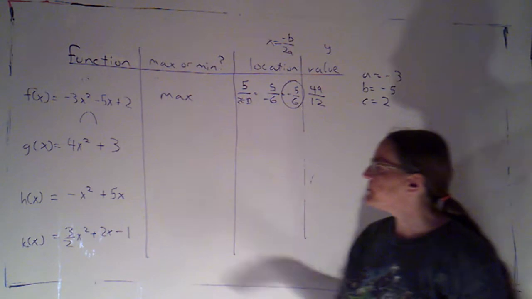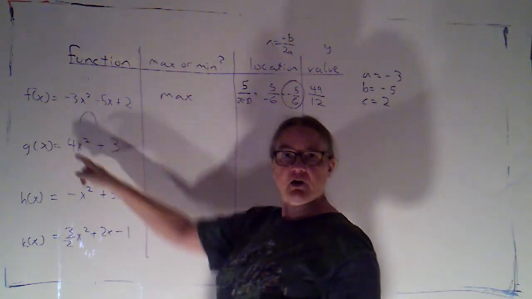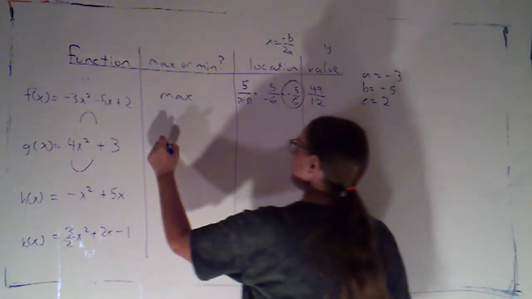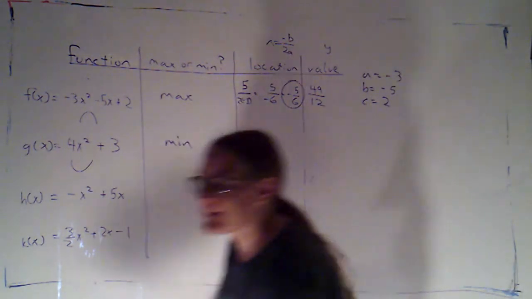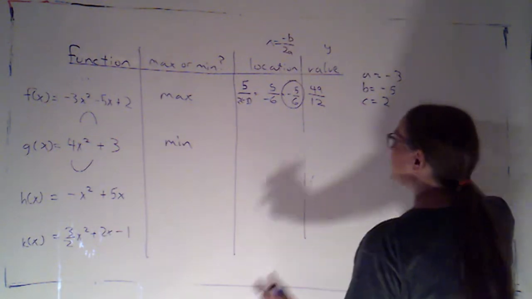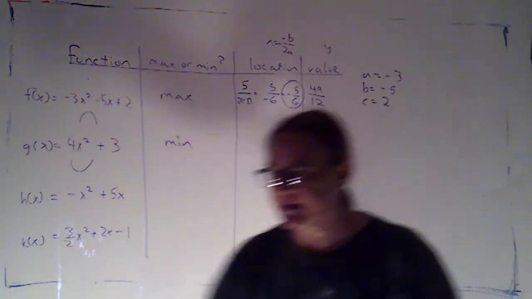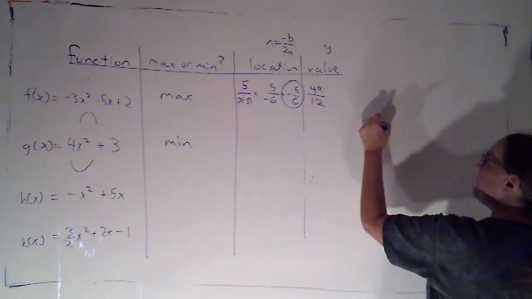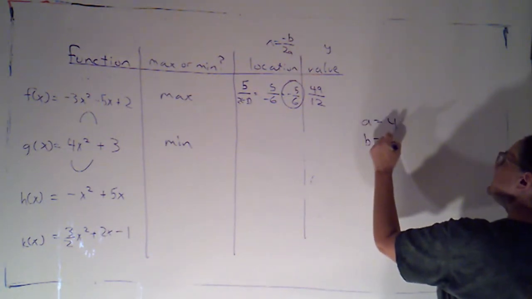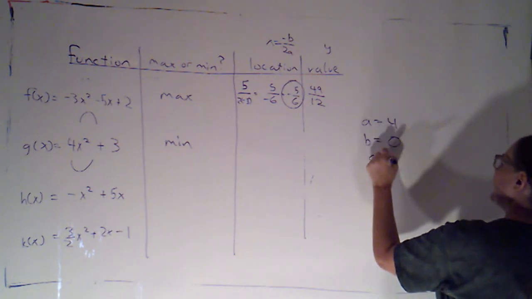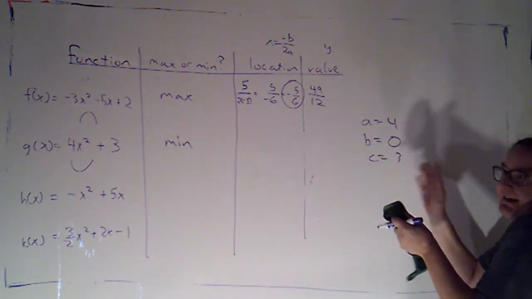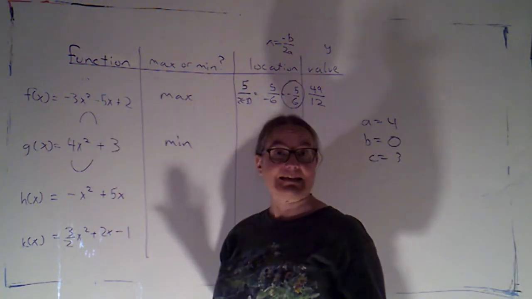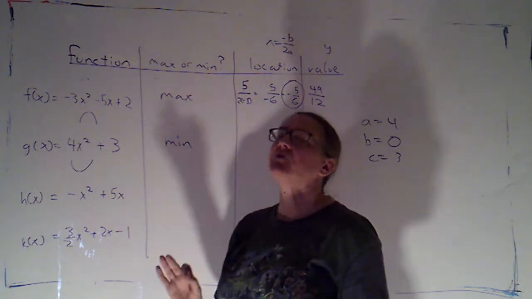So for g of x, my squared term is positive, so that's a parabola that opens up. Well, if it opens up, we're going to have a min. All right, so to find it, I'm going to write down my a, my b, and my c. Let's erase the ones from the last problem so we don't confuse ourselves. A is 4, b is 0, and c is 3. Now, I don't really need c in this case, but I just want to point out b is always the coefficient in front of the x's. I don't have any x's, so b is 0.